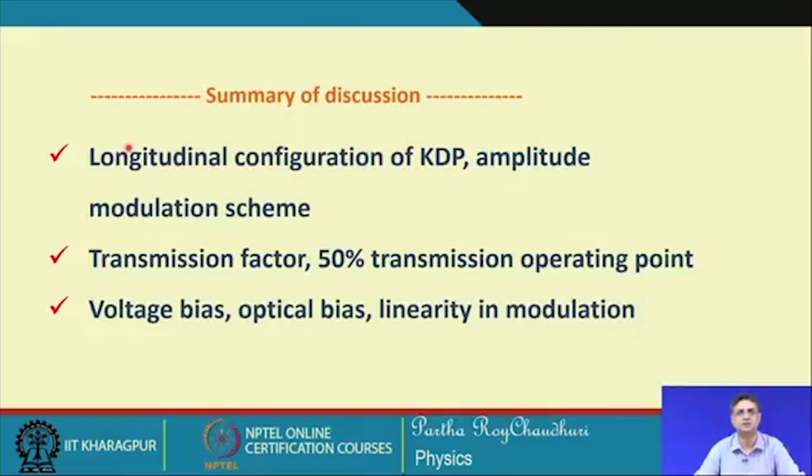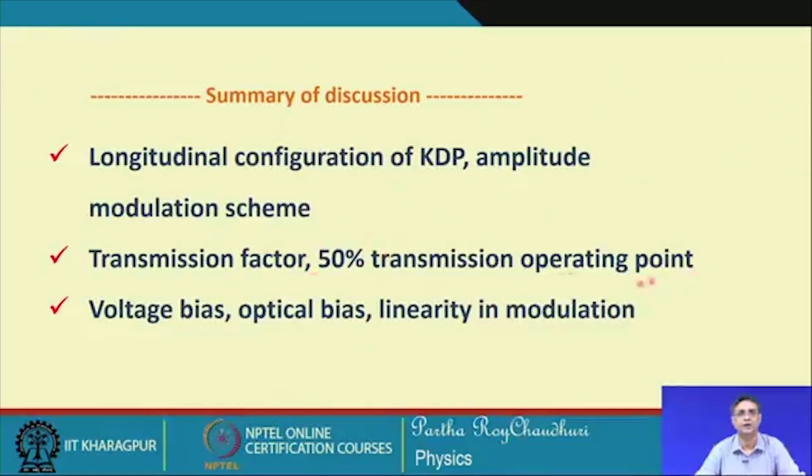In this discussion we considered the longitudinal configuration of KDP, and discussed how this amplitude modulation scheme can be implemented. We found that linearity can be achieved between the input and output of the modulation by shifting the operating point to a position where the transmission factor is 50%.